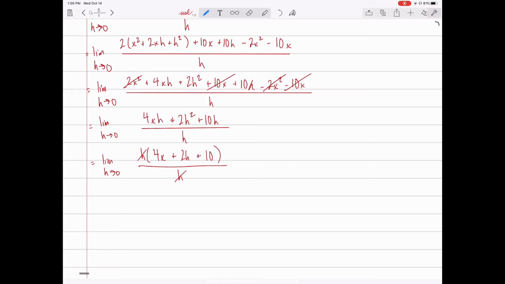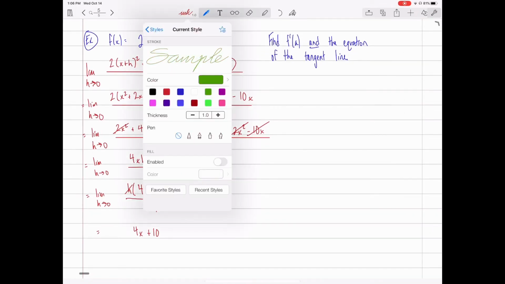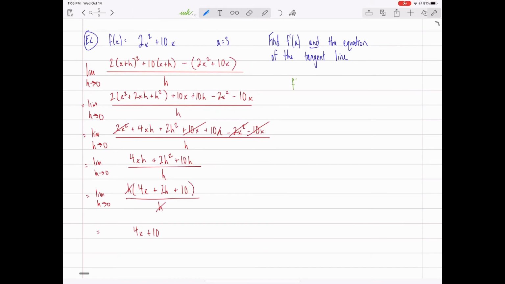And in this case, we can plug in h equals 0. So in the numerator, that would zero out the 2h, so we just have 4x plus 10. Okay, so that would represent my f prime. So I'm going to change colors over here. So f prime of x is 4x plus 10.